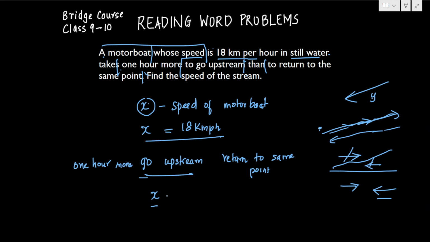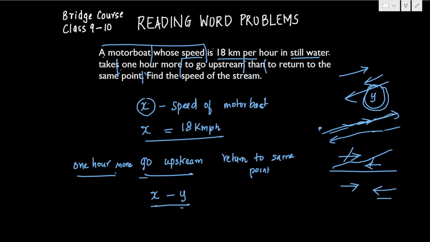But when it's going upstream, it will have to fight against the water. Its speed will be decreased by the speed of the stream. If the stream is flowing in this direction at a speed y, the boat is going in this direction. So the actual speed of the boat will be x minus y because the water flow will slow the boat down by how fast the water flows. So when it goes upstream, the speed will become x minus y.